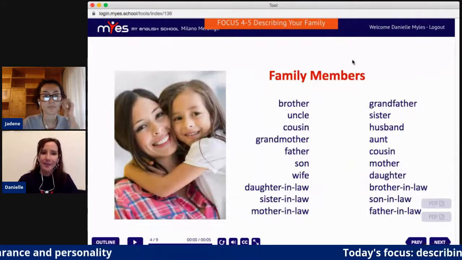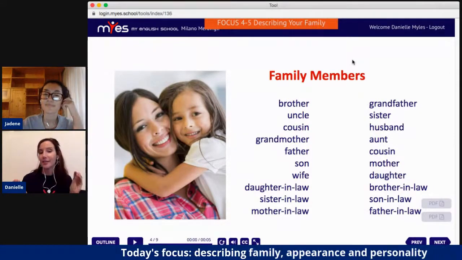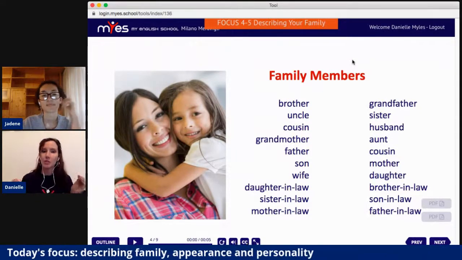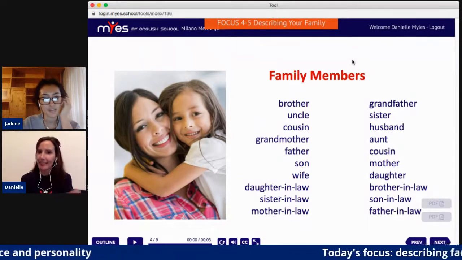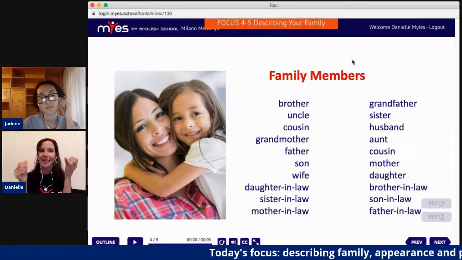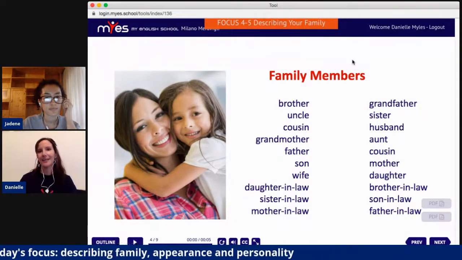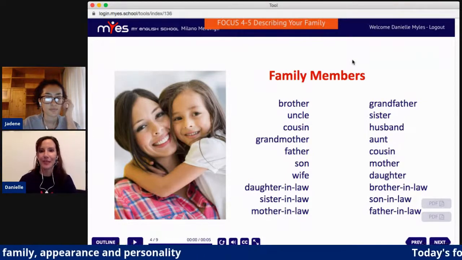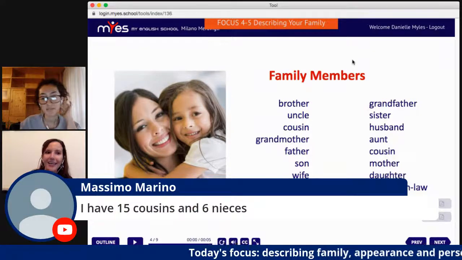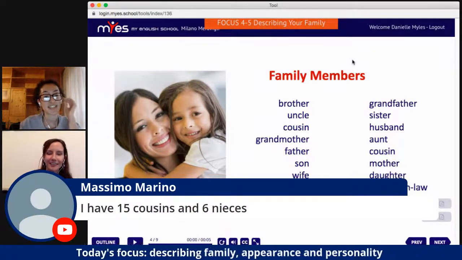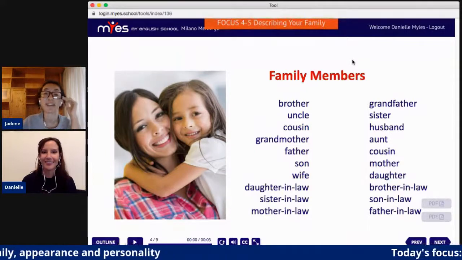All right, family members. This is a great slide because it has all the names of all of the most important family members. And there's lots of vocabulary, and it's important vocabulary, right? It's very good for this level, for the level that you guys are. So let's go through and read them. Massimo has 15 cousins and 6 nieces. Very big extended family.